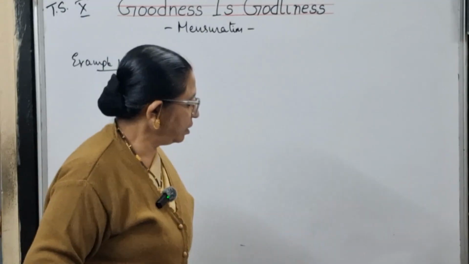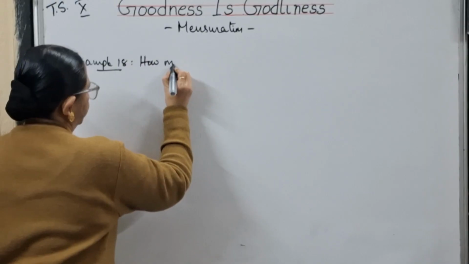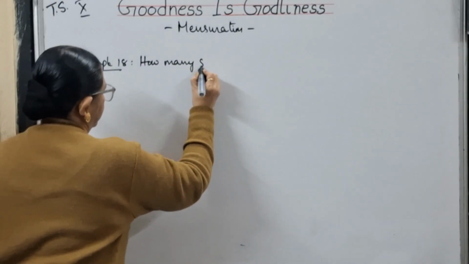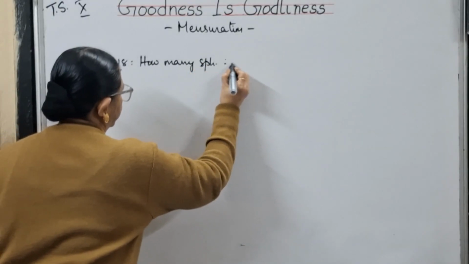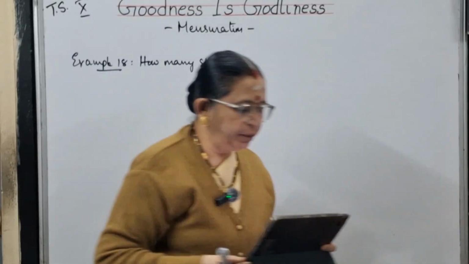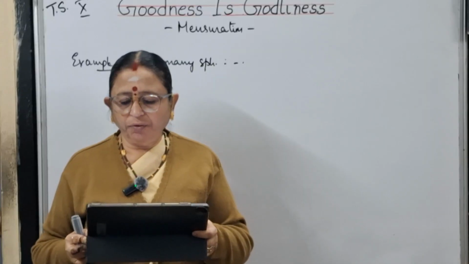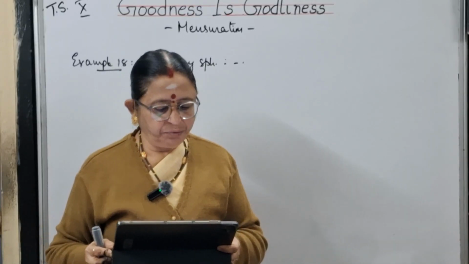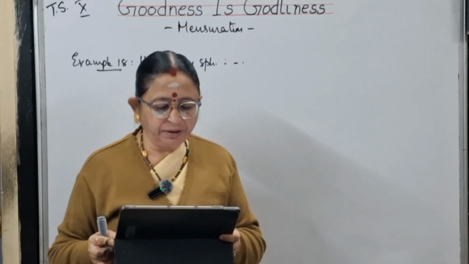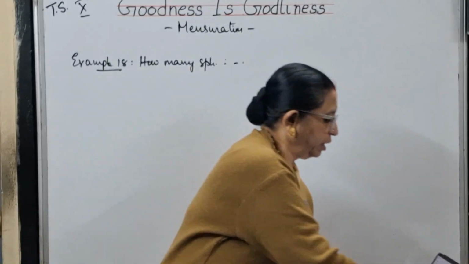Example 18, children. How many spherical balls? Let me read the problem. How many spherical balls can be made out of a solid cube of lead whose edge measures 44 centimeters, and each ball being 4 centimeters in diameter?